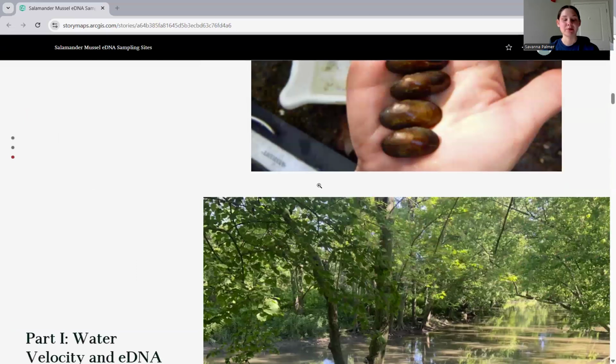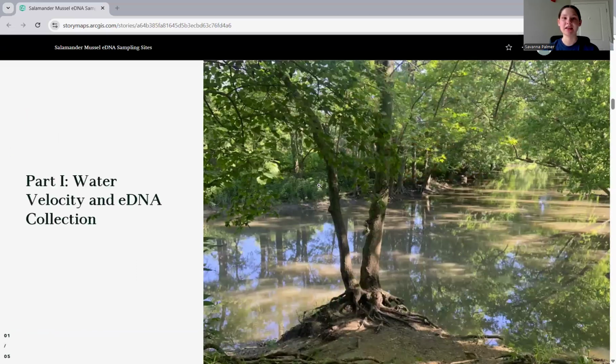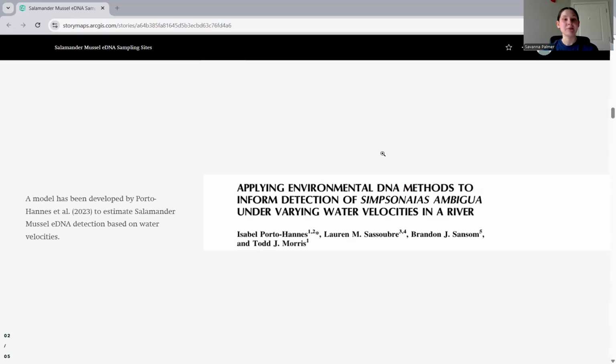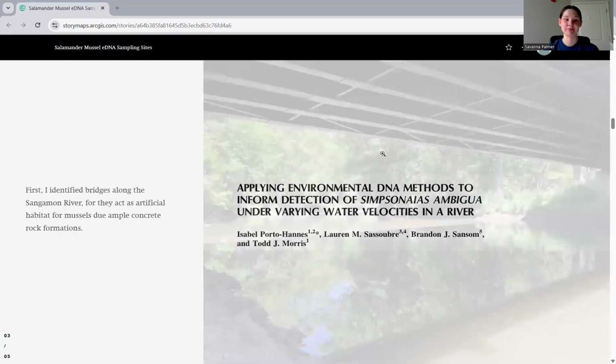Moving into part one, we're going to be looking at water velocity and eDNA collection. Like I said, water velocity is an abiotic factor that does influence eDNA collection. Fortunately for this specific species, a model has been developed to understand the relationship between water velocity and eDNA concentration.